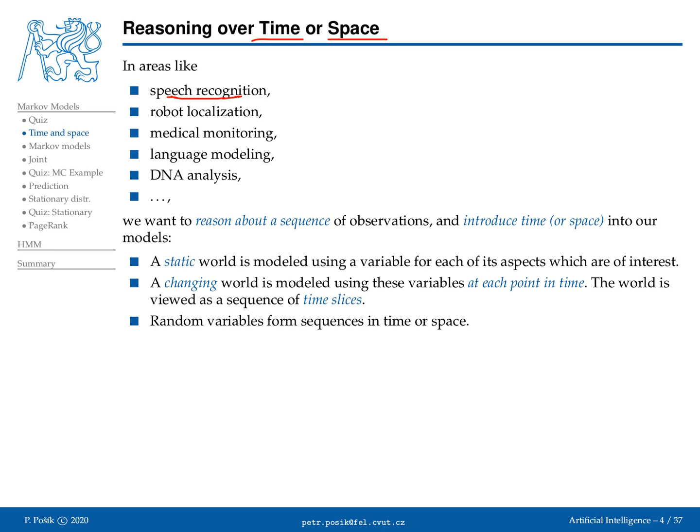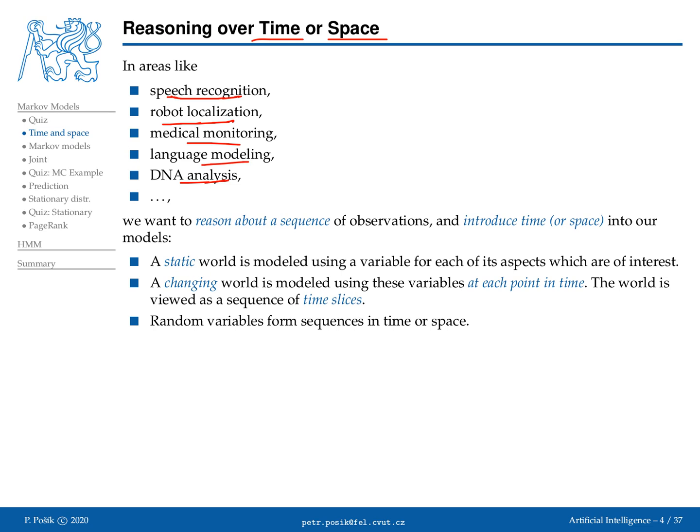The frequency that you detect at a certain moment of time, and the succession of these frequencies gives you some kind of signal, and you can model this as a succession of values of random variables. You can apply similar things in robot localization, in medical monitoring, language modeling, DNA analysis. So there are many application areas of these sequence models.